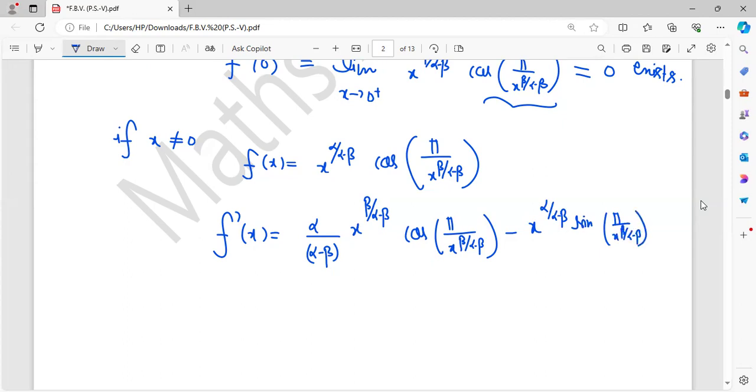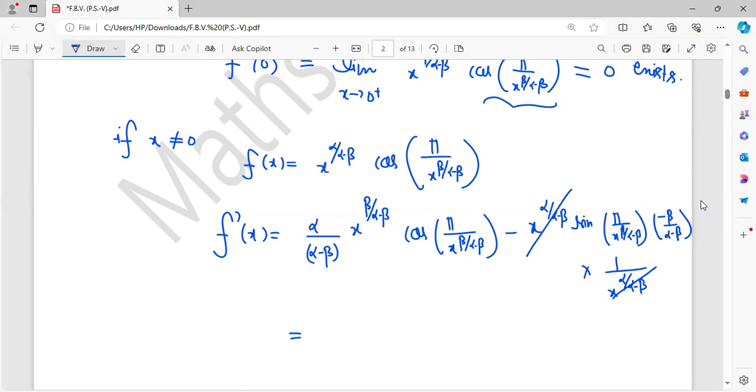And this is minus beta upon alpha minus beta, and x to the power, positive, it will add 1, so it will be alpha upon alpha minus beta. Okay, so this cancels out.